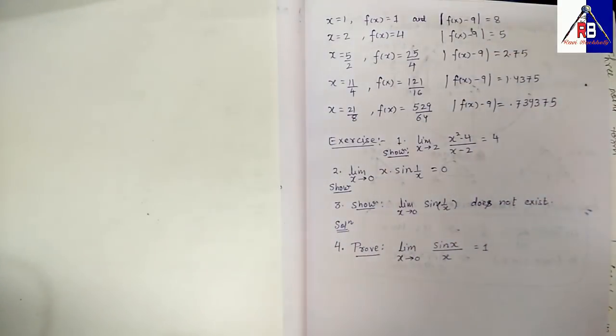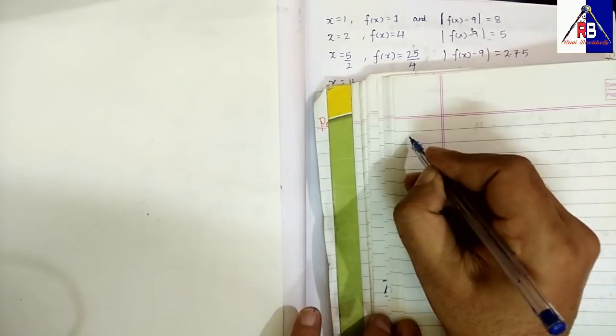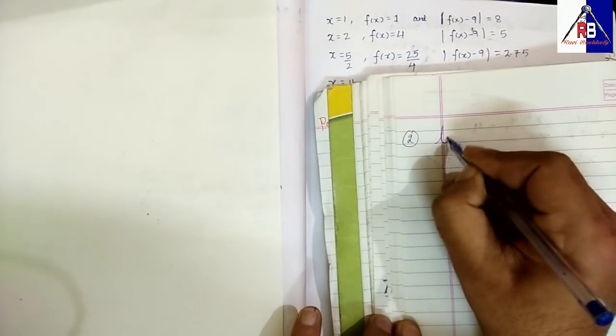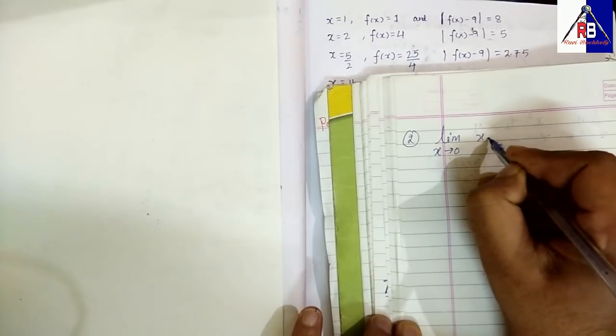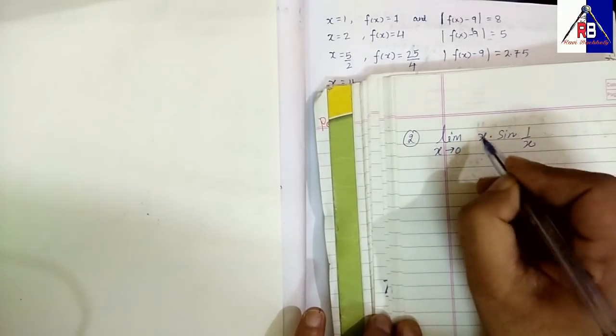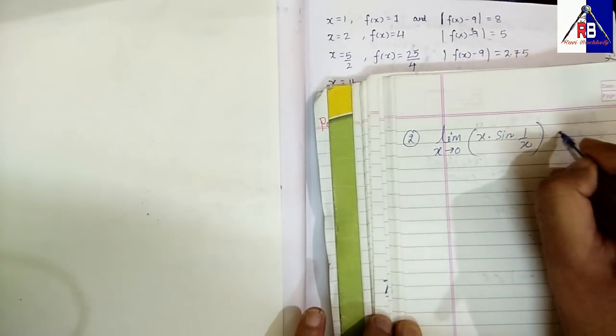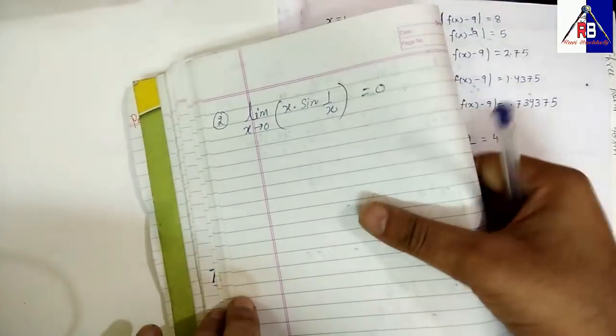Let us take the second question. The question is limit x tends to 0 of x sine 1 by x is equal to 0. We need to prove this.